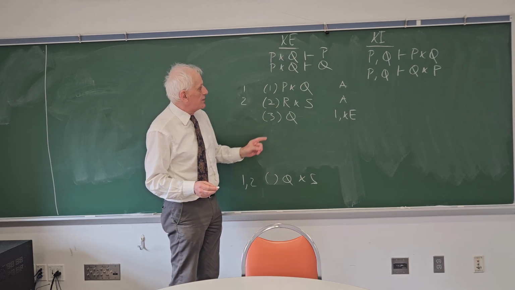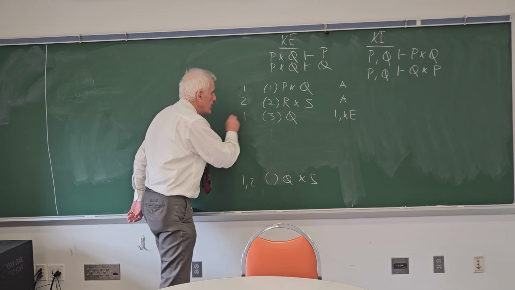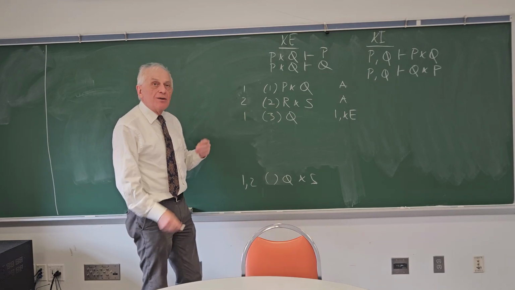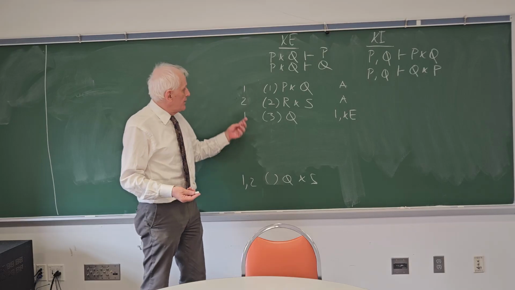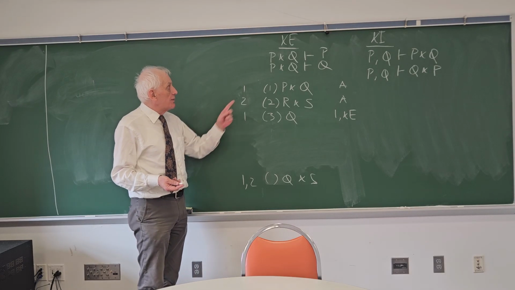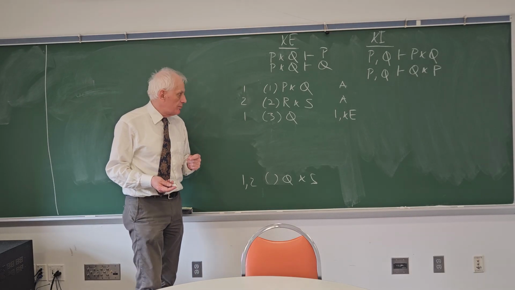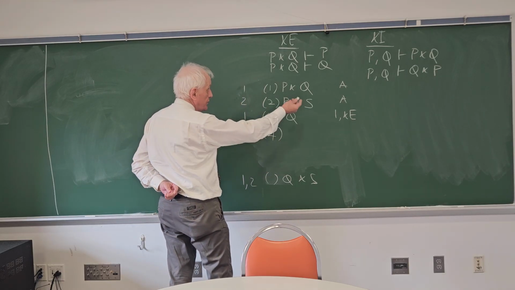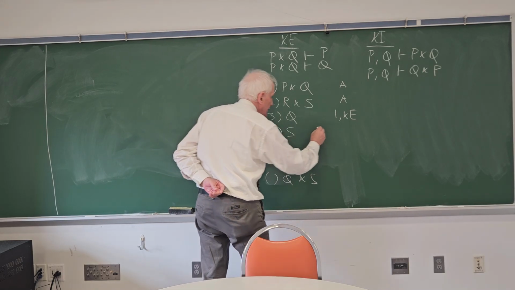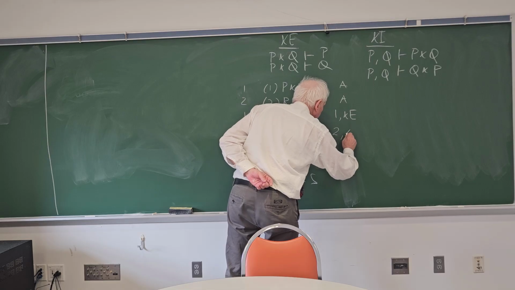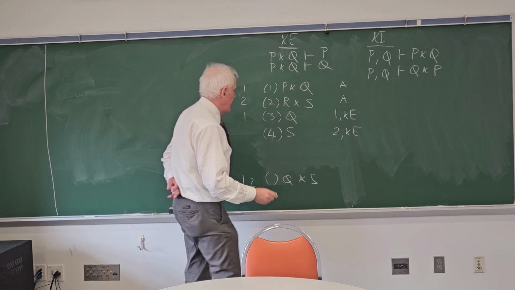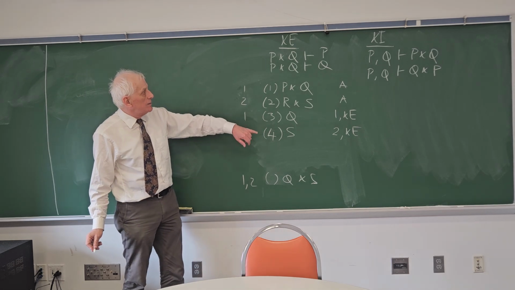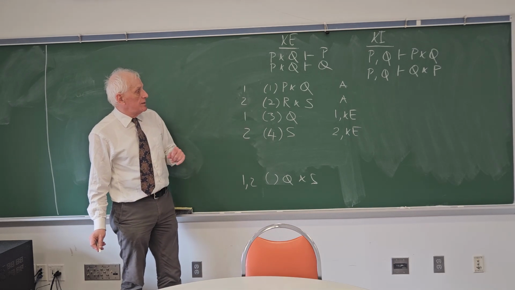So we here have taken the right conjunct from 1, and because we only used the sentence on line 1, and that's an assumption, the assumption set is just the assumption set of that line 1. And then we can take S, the right conjunct of 2, from 2 by ampersand elimination, and the assumption set here will be 2 because line 2 is an assumption.